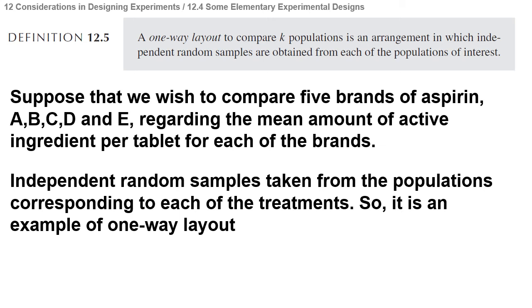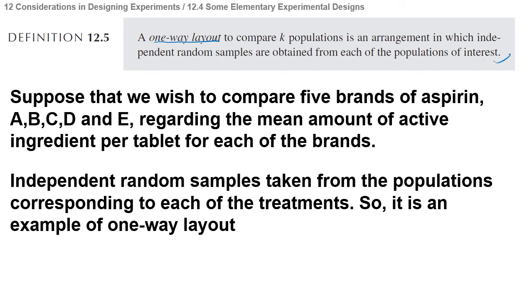Definition 12.5 describes a one-way layout design. A one-way layout to compare K populations is an arrangement in which independent random samples are obtained from each of the populations of interest.